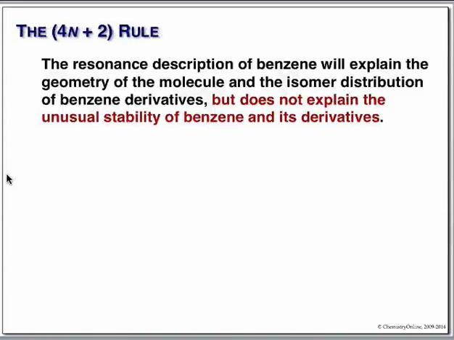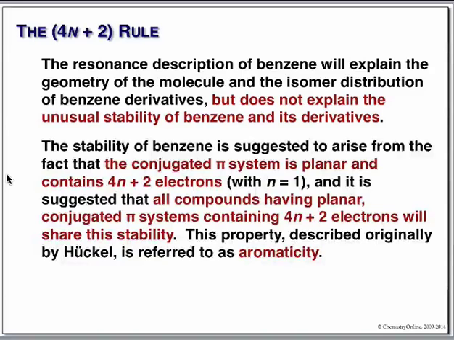Remember what Huckel suggested was, if we have a pi system where we have continuous conjugated sp² centers, and in this system we have 4n plus 2 electrons, where n is any integer, we can expect a special stability. The stability is described as aromaticity.